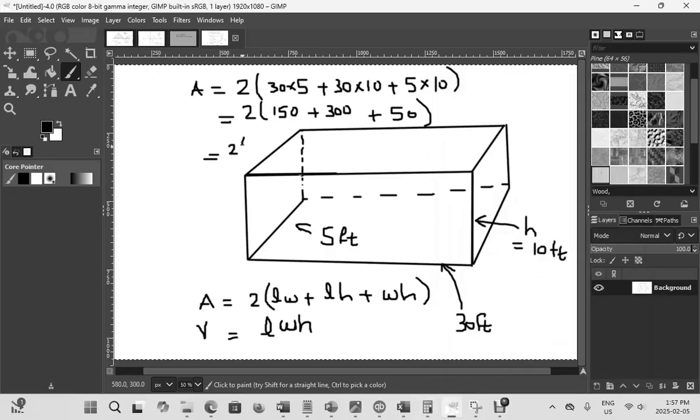So 2 into 500 becomes 1,000. So this will be 1,000 feet squared altogether. So your area is 1,000 feet squared.